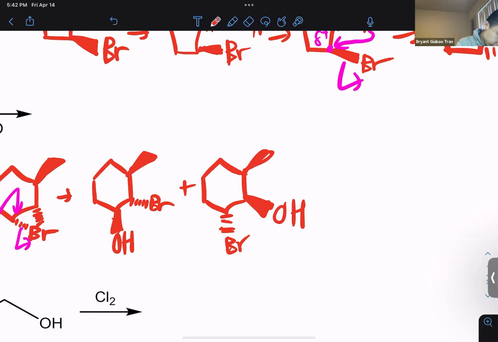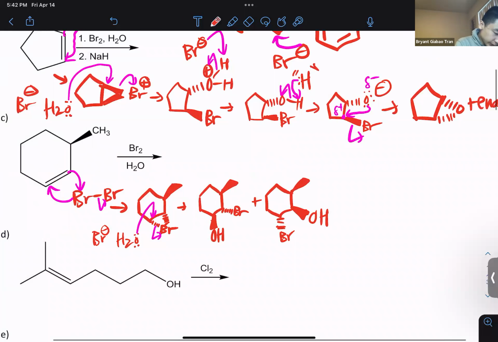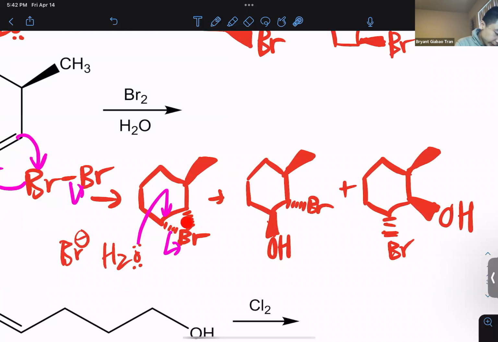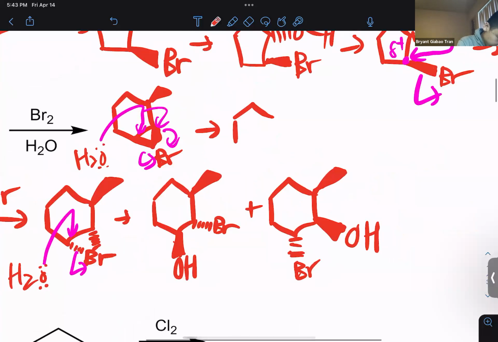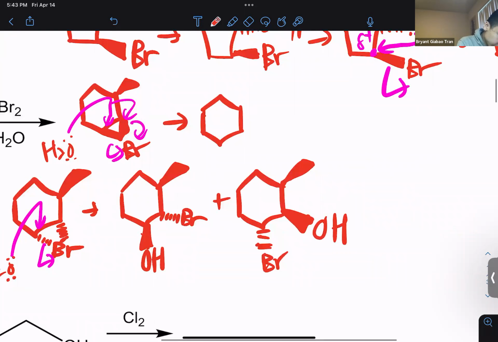Okay. And also, this bromonium ion could have also been a wedge instead of a dash, like this here. And so if you do that same step again of the water nucleophile attacking from either side, that side or this side, then you would get these two other products here, where the bromine is now going to be wedged.